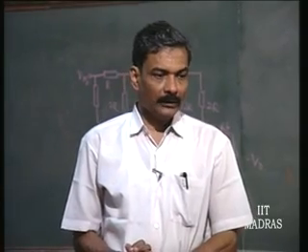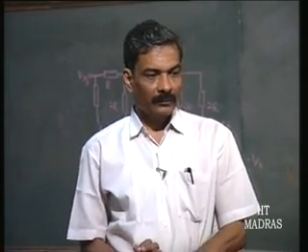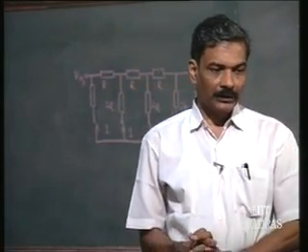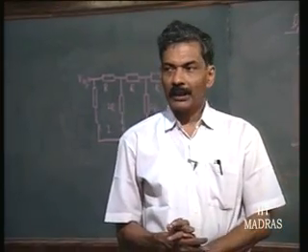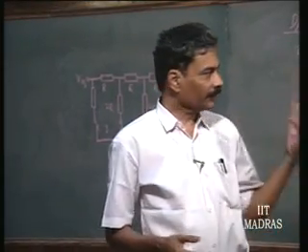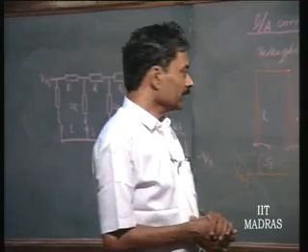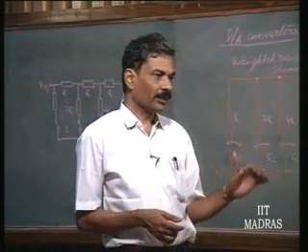So, now we will start one of the most important blocks. I would categorize this block under analog circuits, because this is what is called a D to A converter.